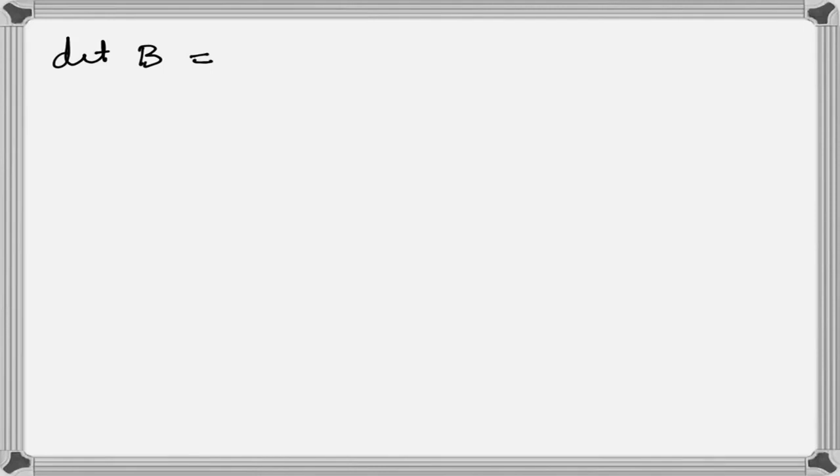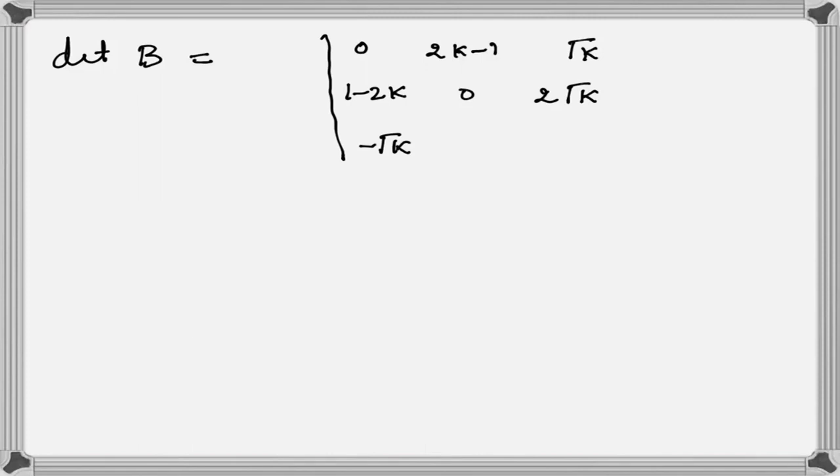So if we expand from the first row, let me just write the determinant for you: 0, 2k minus 1, root k; 1 minus 2k, 0, 2 root k; minus root k, minus 2 root k, 0.